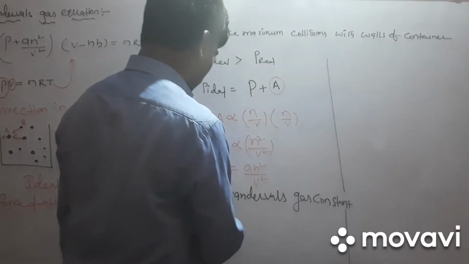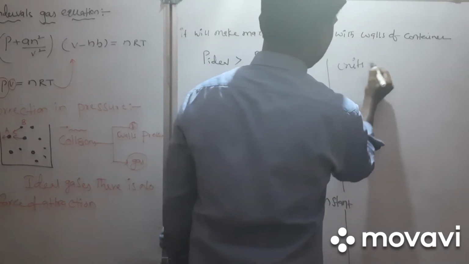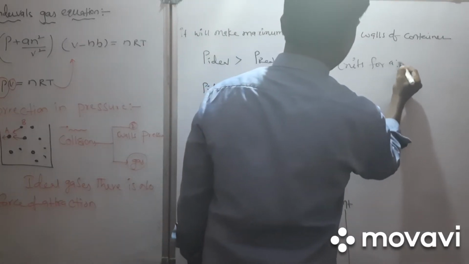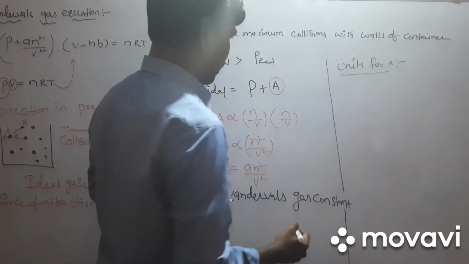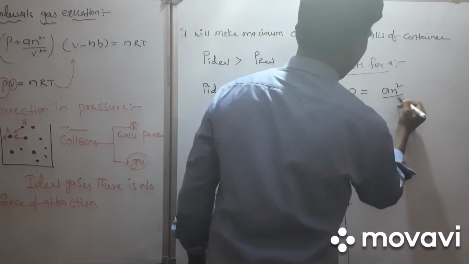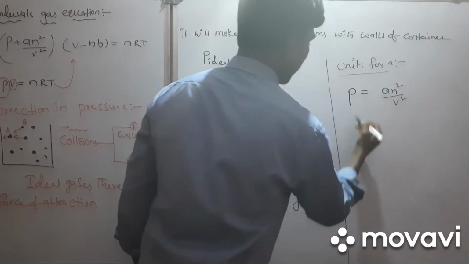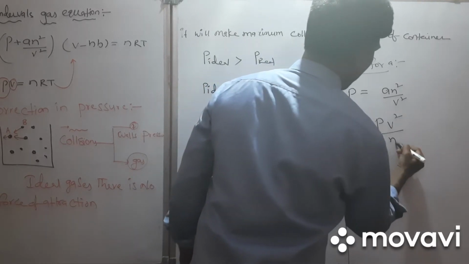Then what are the units of a here? How can we calculate units for a? Here pressure is equal to a n square upon V square, right? So a is equal to pressure into V square upon n square.